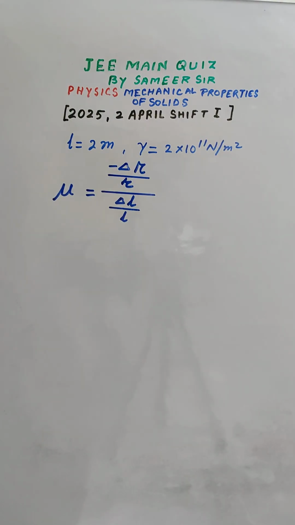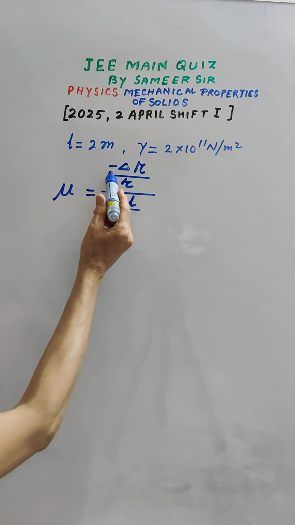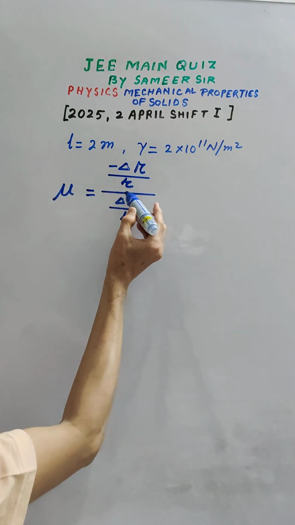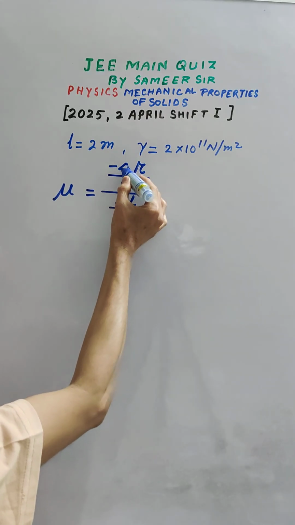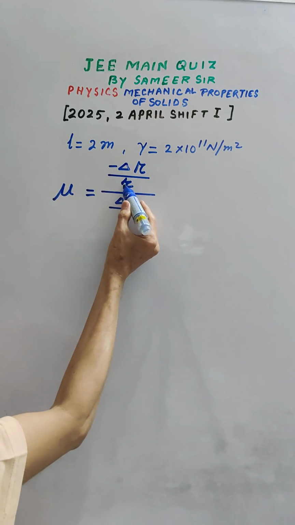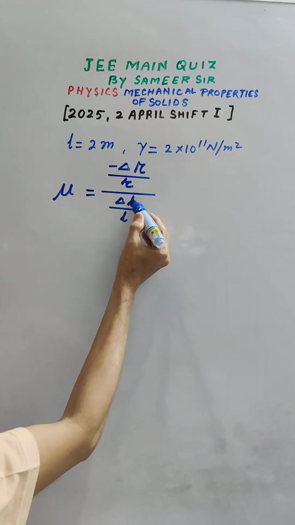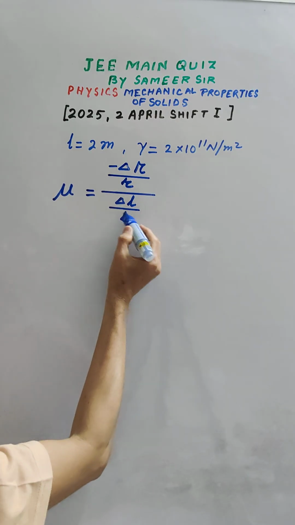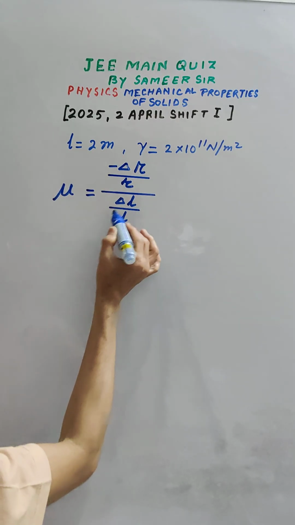We know that mu is equal to minus delta r, the reduced radius of the wire, upon r, the radius of the wire, upon delta L, the increased length, upon L, the total length.